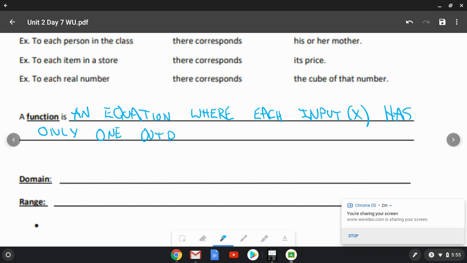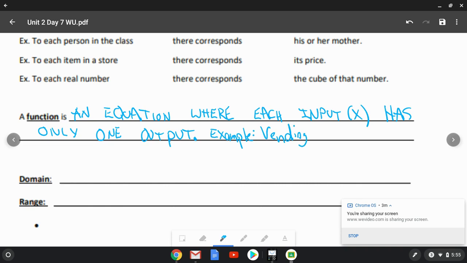So if you plug in 1 for x, you're going to get something for y. If you plug in 2 for x, you're going to get something for y. An example for me would be not only the ones above, but I think one that we can all agree on would be the vending machine. So you have your input.